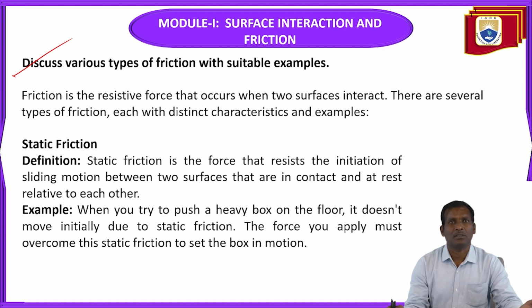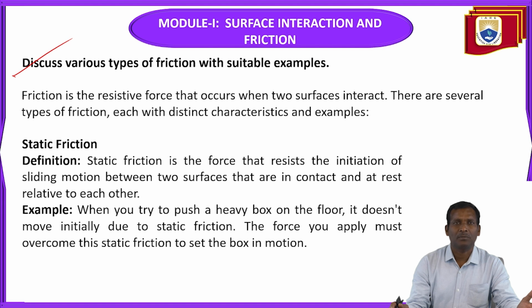Already you know this definition, as discussed in earlier sessions. There are several types of friction, each with distinct characteristics and examples. Whenever two surfaces are in contact, there is friction due to many parameters like surface irregularities and poor lubrication.